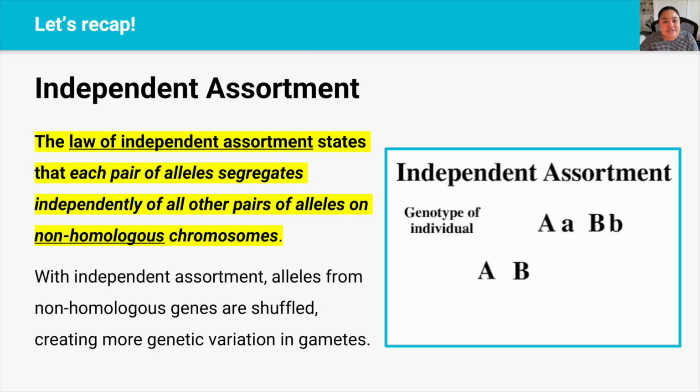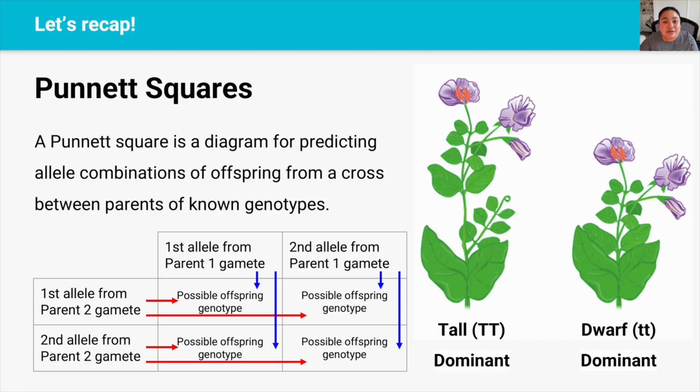You've also learned that the Law of Independent Assortment states that the alleles of a gene segregate independently of all other alleles from other genes, if those genes are on non-homologous chromosomes. You've also learned that monohybrid crosses are used to study just one gene with two alleles, for example, pea plants with tall versus short stems.